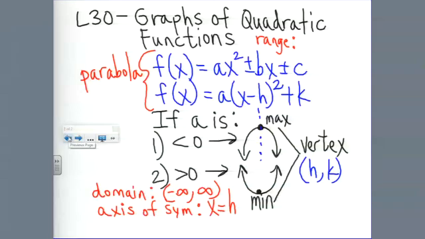Let's look at a parabola that we need to not only graph, but also find its characteristics.